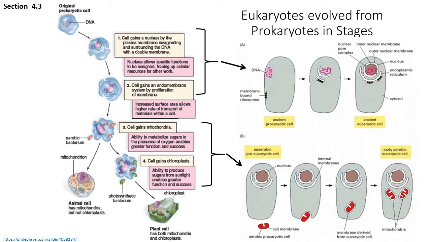This endomembrane system allowed the cell interior to have increased surface area. And increased surface area results in that higher rate of transport or diffusion of materials within a cell.